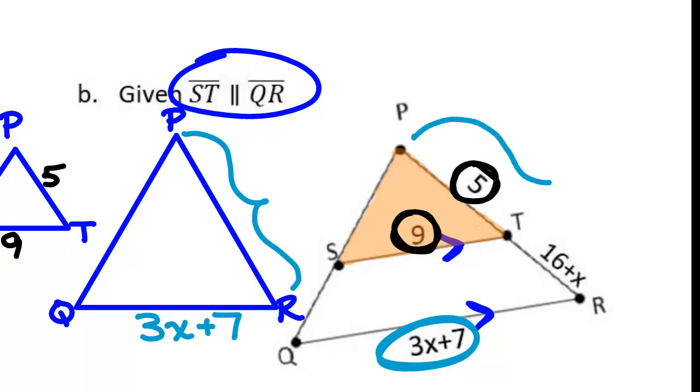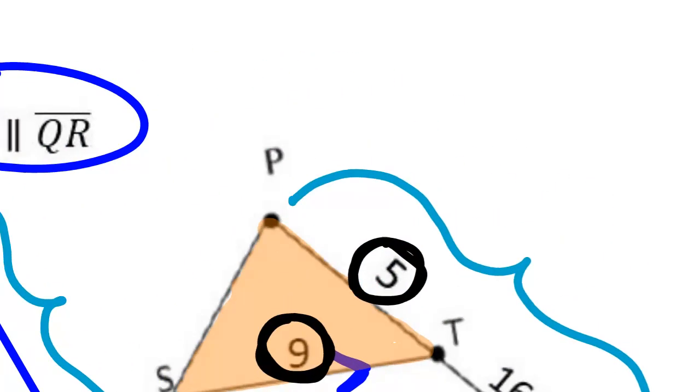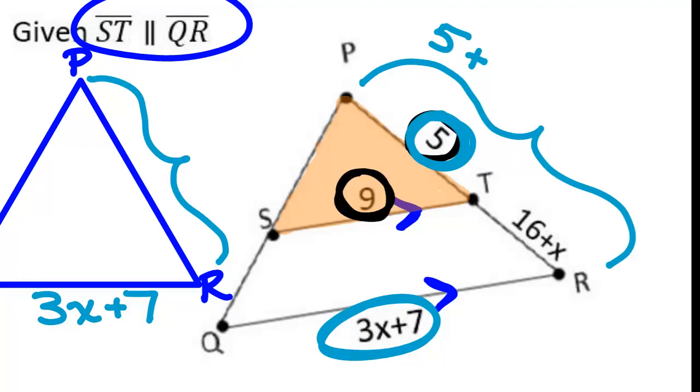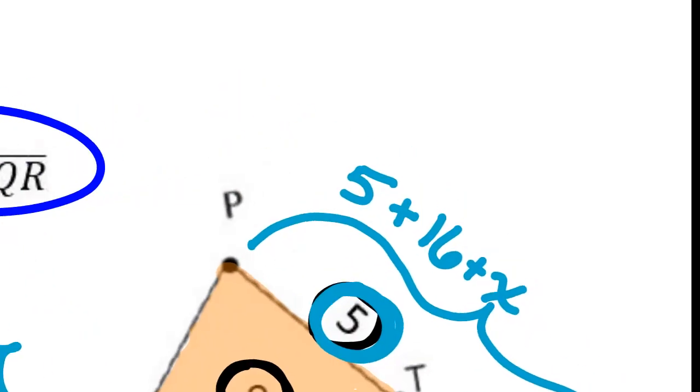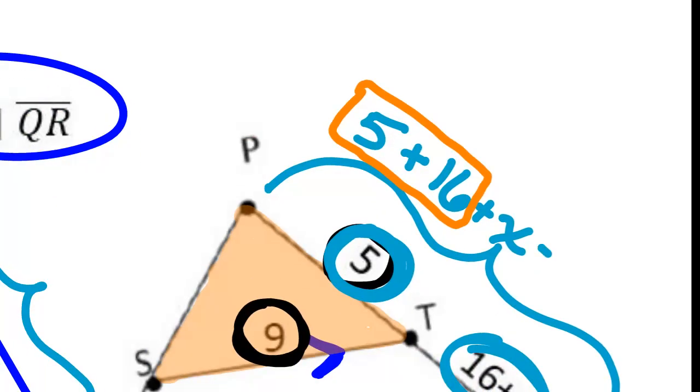So if we're going to find side PR, we need to take this 5 right here that is PT and put it together with, add it to this segment right here, TR, which is 16 plus x. And after I set up that addition, I notice that I have these two like terms right here that I can combine together.